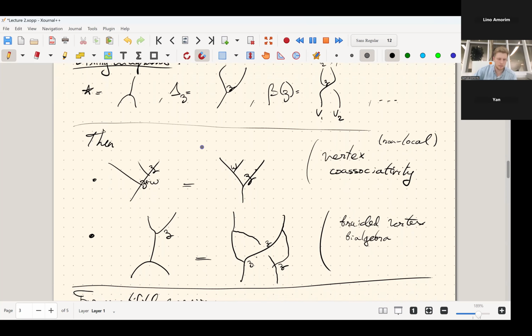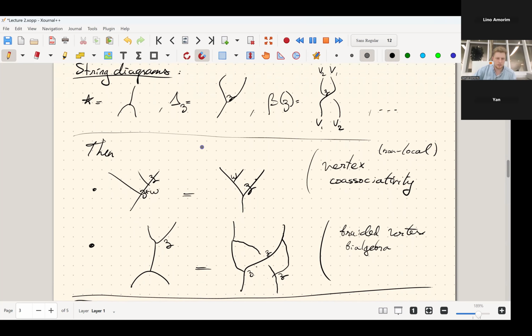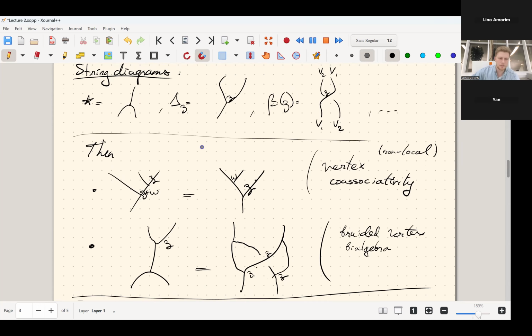And then the compatibility results that this coproduct satisfies. The first one says that we have an equivalence between these two meromorphic morphisms.